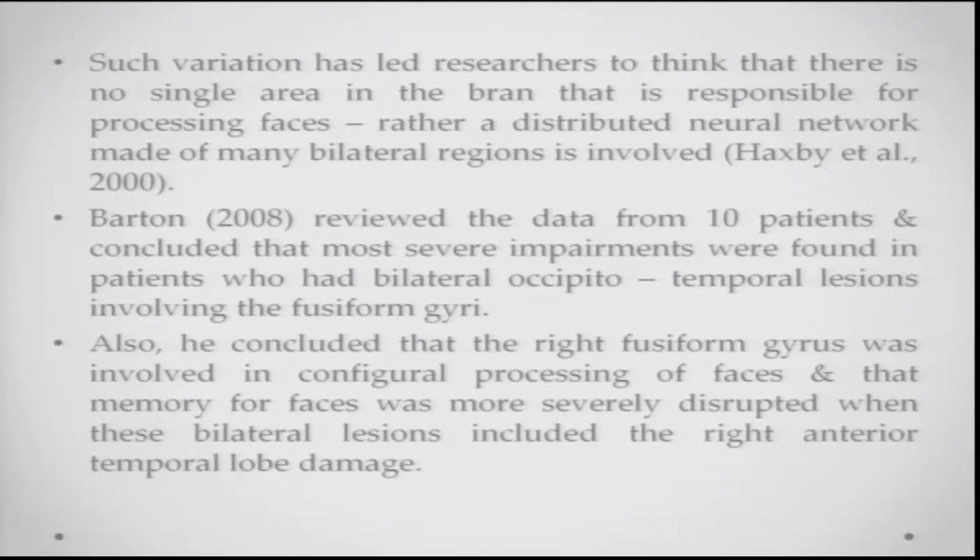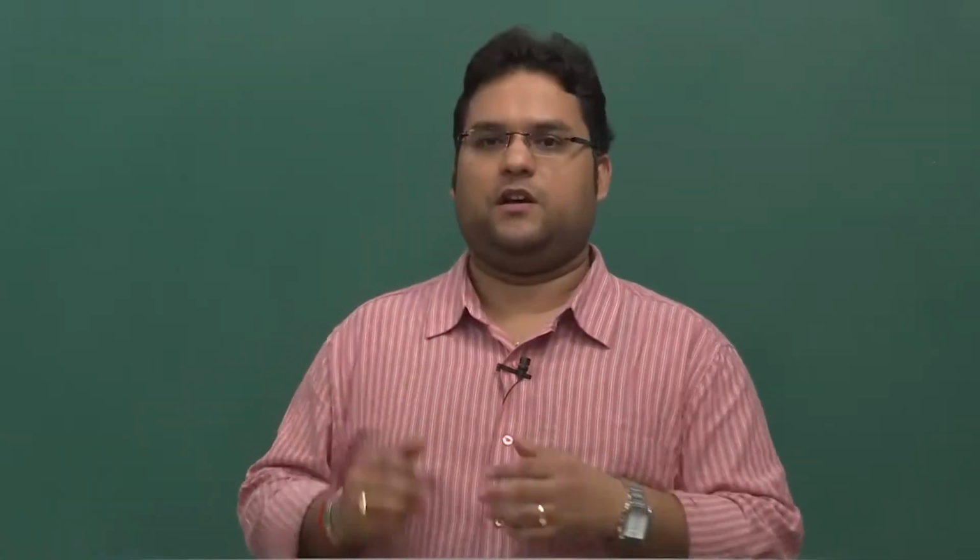Also, he concluded that the right fusiform gyrus was involved in the configural processing of faces, and that memory for faces was more severely disrupted when these bilateral lesions also included the right anterior temporal lobe. So, again you can see that these different areas are involved in different ways in processing of faces, because a face is generally a slightly complex percept.